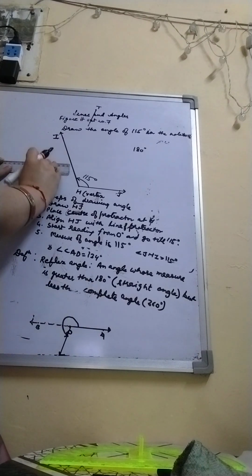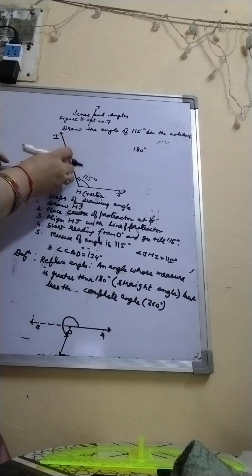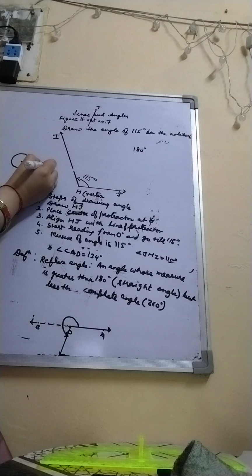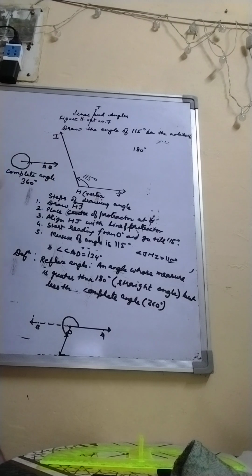How do you make a complete angle? A complete angle is when the two rays coincide. You start rotating, the ray goes round and round anti-clockwise and reaches again the same point. So your rays are overlapping on each other, and this is a complete angle, given by 360 degree.